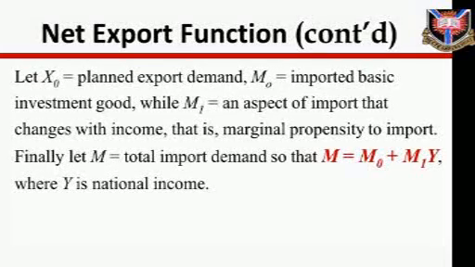Let X0 represent planned export demand, M0 represent imported basic investment goods, while M1 represents the aspect of import that changes with income, that is, the marginal propensity to import. Finally, let M represent total import demand, so that M equals M0 plus M1Y, where Y is the national income.